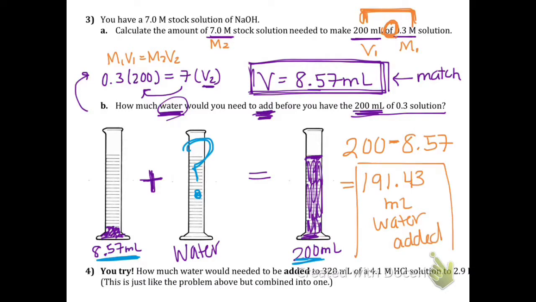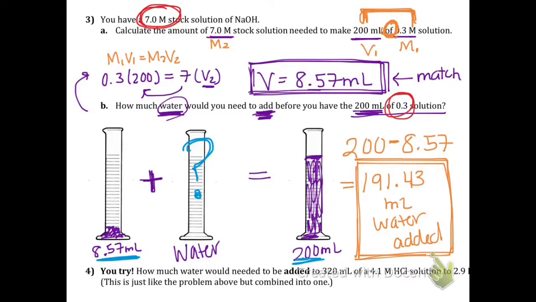Okay, so what is happening? We basically diluted the solution, right? We started with 7 molar. Okay, so follow my red pen here. We started with 7 molar and we diluted it to 0.3. So we added a bunch of water to make it less concentrated.